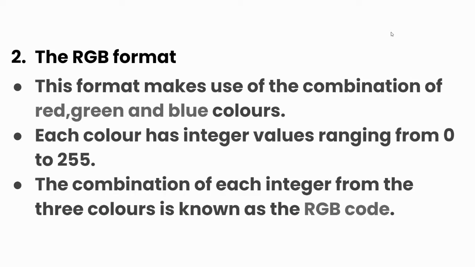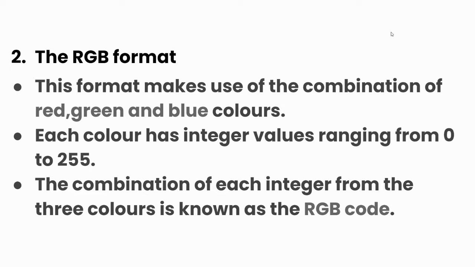So next we have the RGB format. This format makes use of the combination of red, green, and blue colors. By this, it means that you would have a portion of red, a portion of green, and a portion of blue mixed together to get the precise color you want.